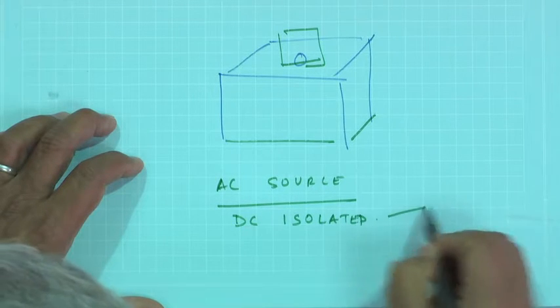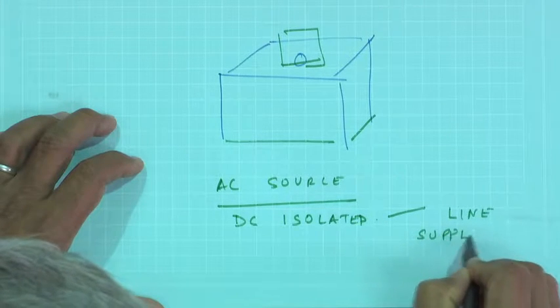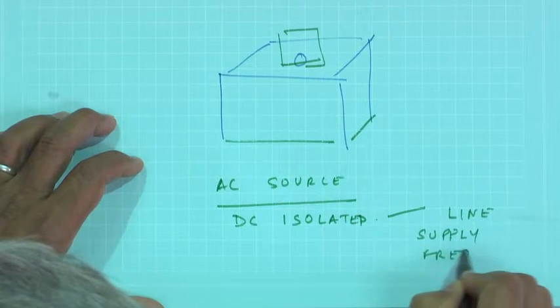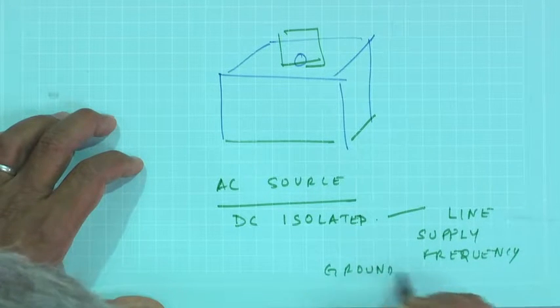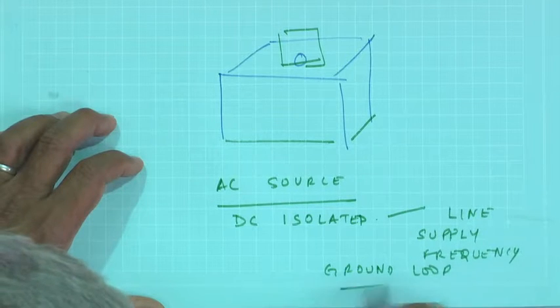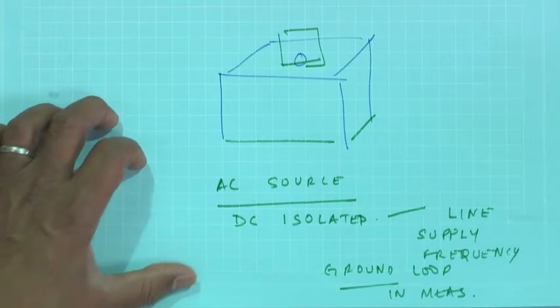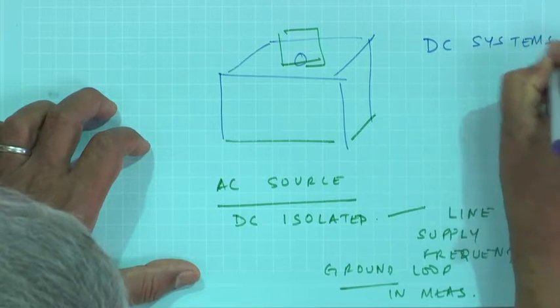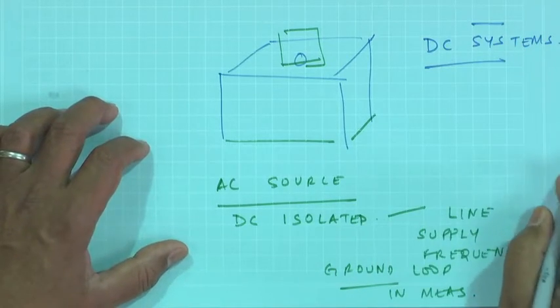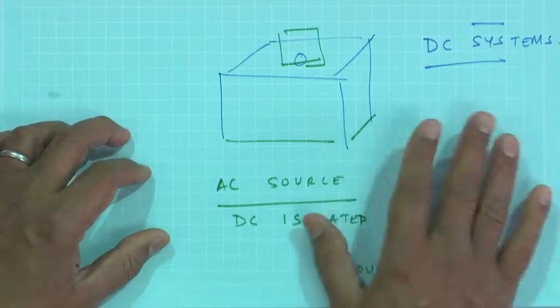Otherwise, you can have a line supply frequency problem, such as a ground loop, in all your measurements. So wherever possible, try to use DC systems for measurement and transducers, and it's good practice to switch off your laptop and run it on battery mode when you are taking signals.